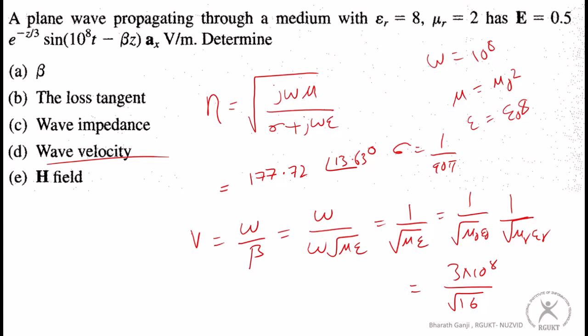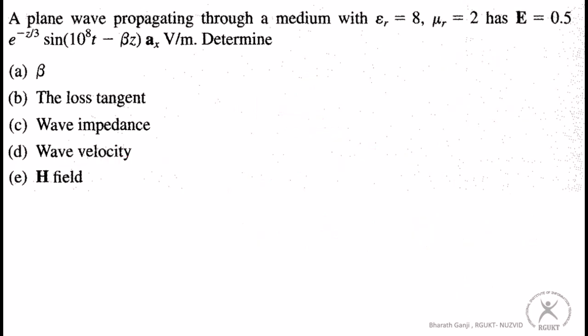Okay, so the next one and the last one, this is a kind of interesting one, is for the calculation of magnetic field. A common mistake a student makes: the electric and magnetic fields are related by a ratio called eta. So from here H is nothing but the electric field divided by eta.